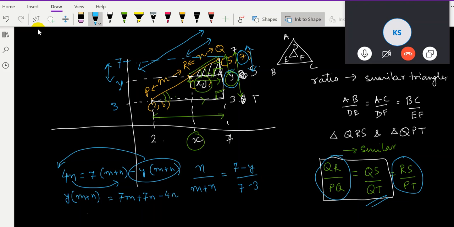So y is equal to 7m plus 3n over m plus n. And if I give you the values of m and n, you can calculate the exact value of y.